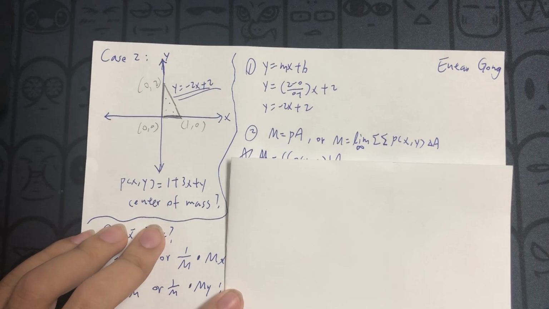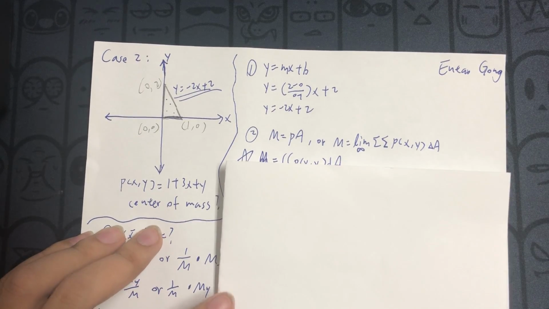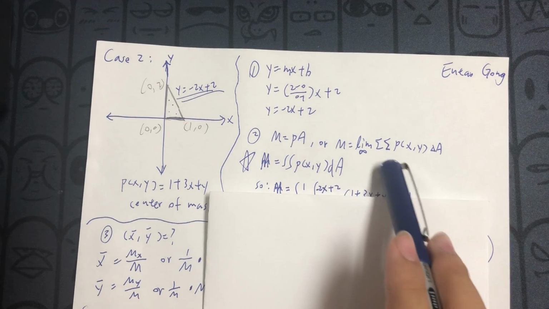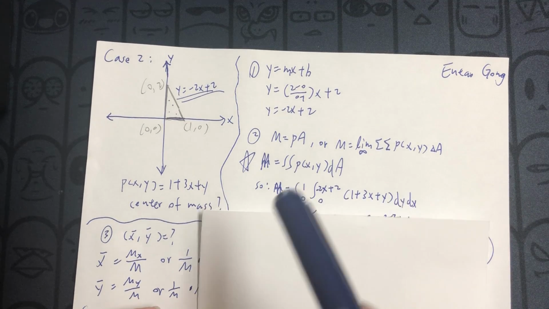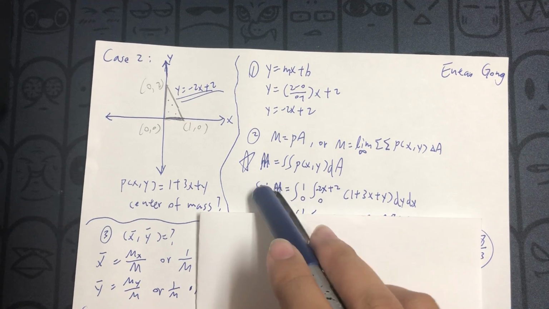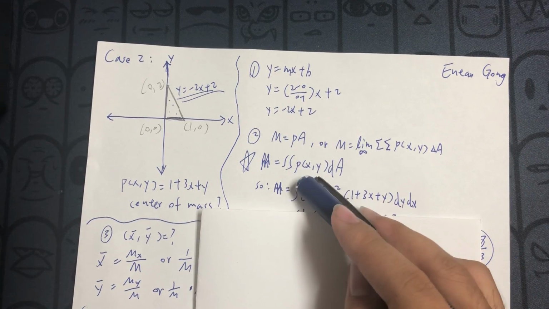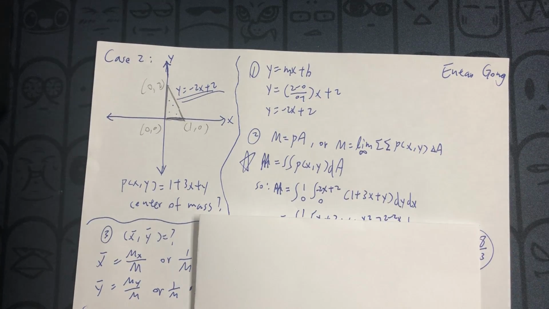So we calculate the area from that rectangle and then multiply it by the density. Then we can use a double integral to solve for the total mass, which is mass equals the double integral of density times delta A.